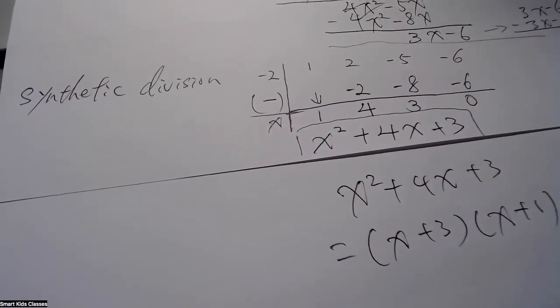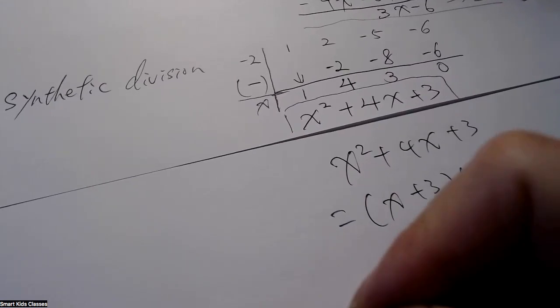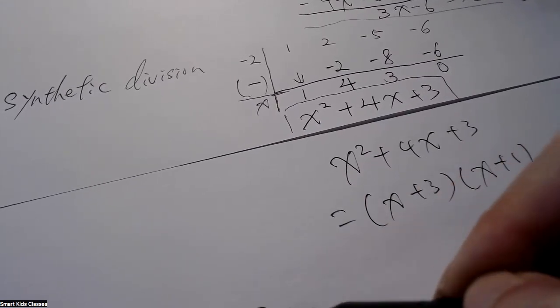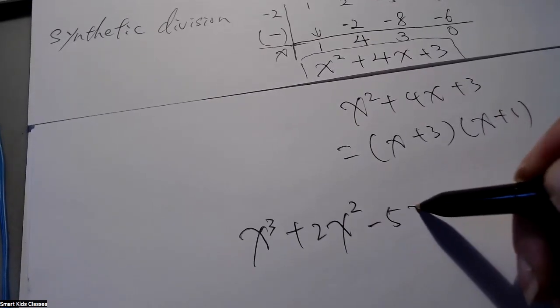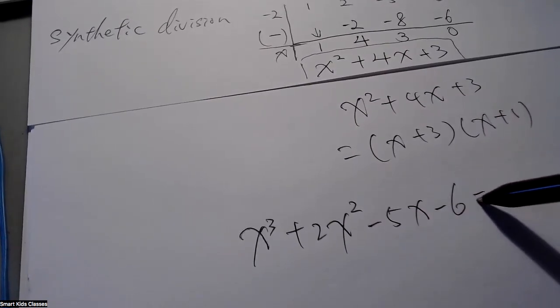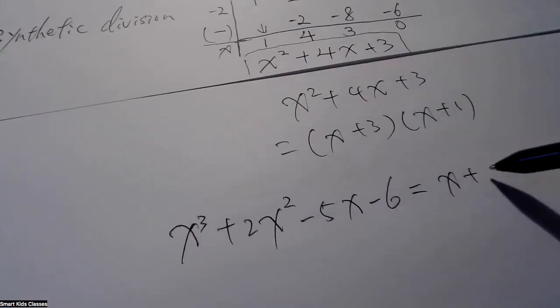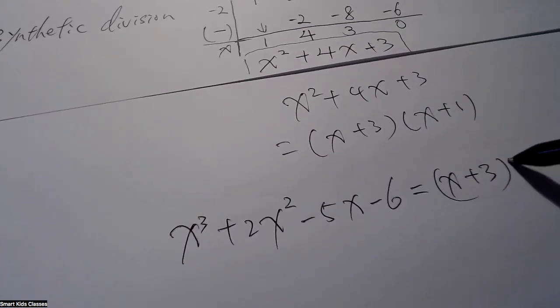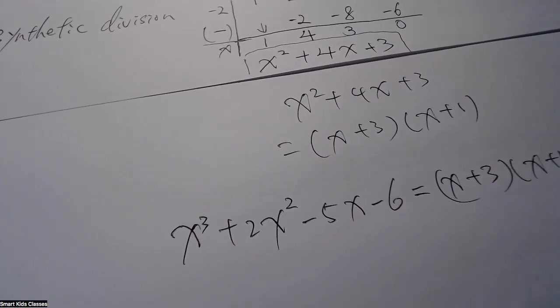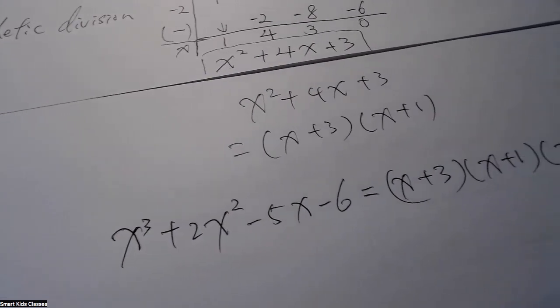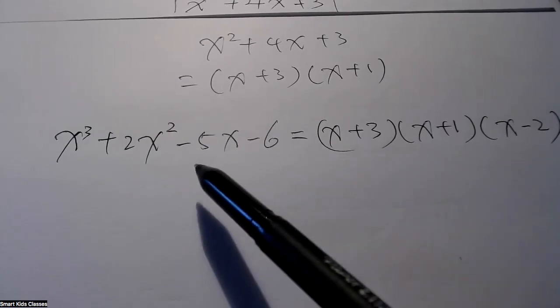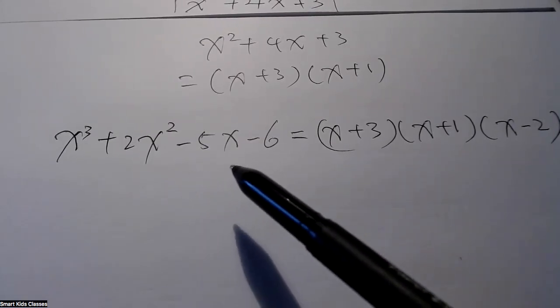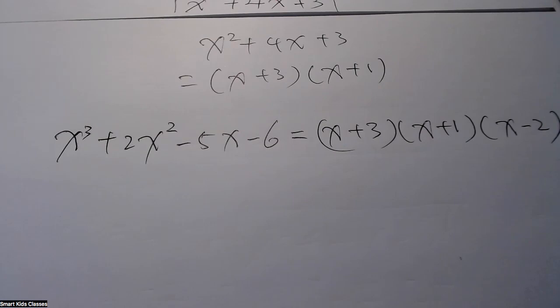So now the equation is fully factored: x exponent 3 plus 2x exponent 2 minus 5x minus 6 equals x plus 3 times x plus 1 times x minus 2. So these 3 factors fully factor this polynomial. So we finish example 2.